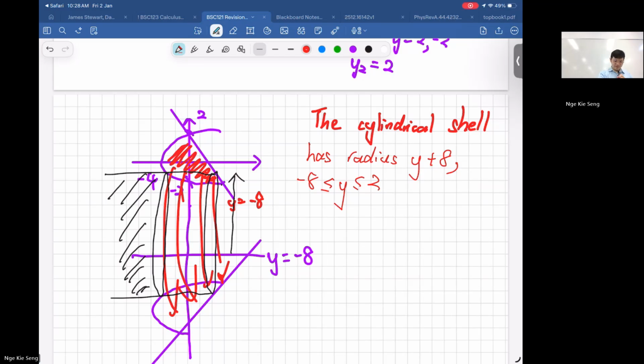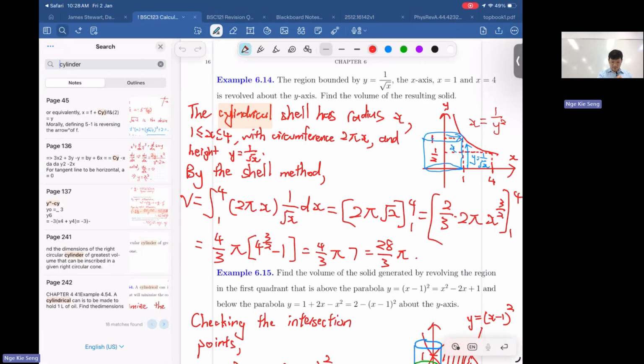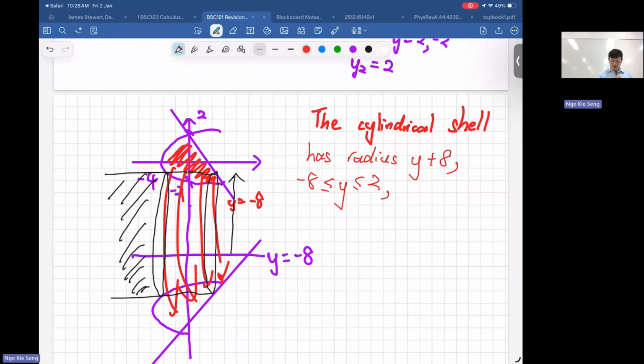Okay. And then the problem is your circumference. Circumference is very easy once you have your radius: it's just 2 pi times your radius. But the height here is a problem. So what's the height here?